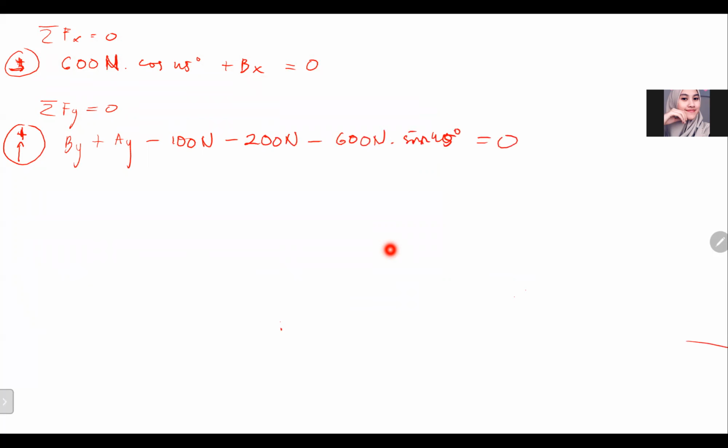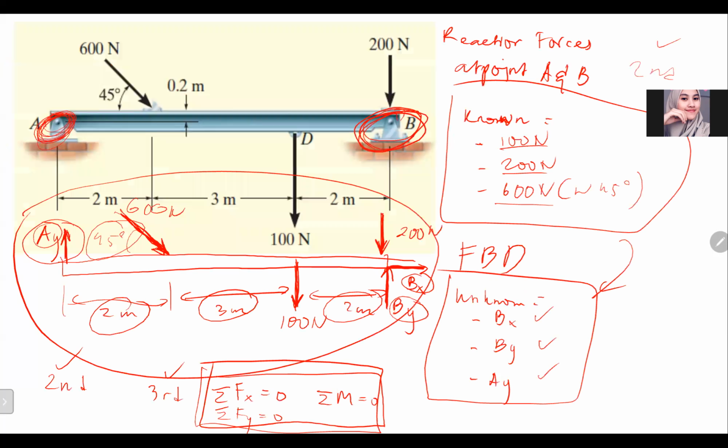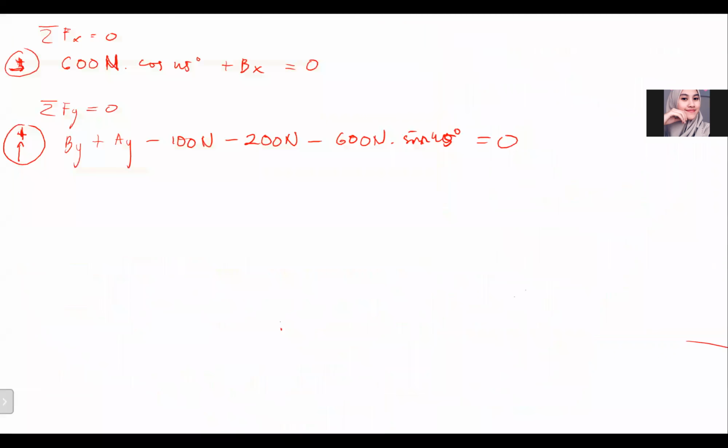So I will take a look again here. 600 Newton is going down, negative. 200 Newton is going down, negative. By is going up, positive. Ay is going up, positive. And this one, 600 Newton sin 45, going down, negative. So it's correct, right? Yes, sir. So this is our second equation.